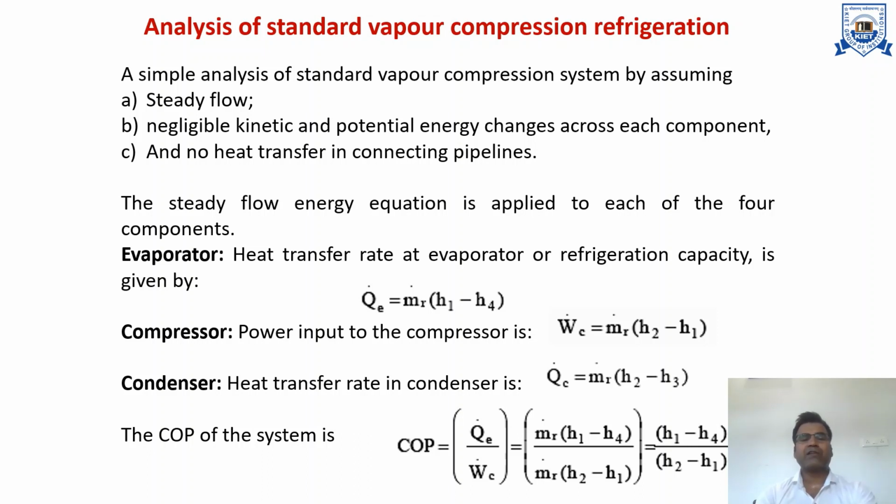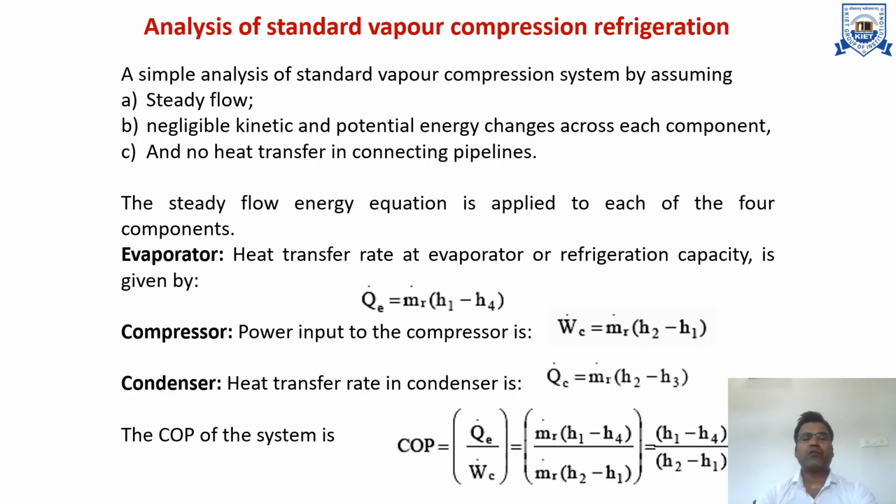For the compressor, the power input W is the mass flow rate of the refrigerant times the enthalpy change, that is H2 minus H1. These are the enthalpy changes, and m_r is the mass flow rate of the refrigerant. So this is the heat transfer rate at the evaporator, and this is the compressor work.